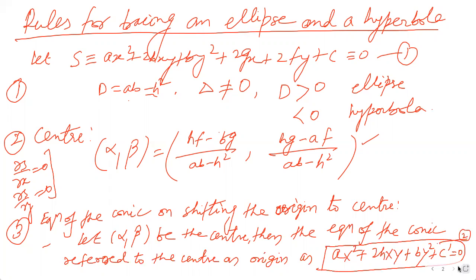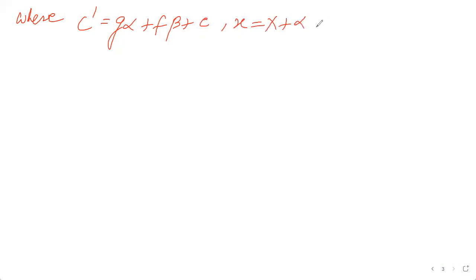यहाँ पर c dash, where this c dash will be, c dash is g alpha plus f beta plus c. X is X plus alpha and y is Y plus beta. ये हम सेंटर बनाएंगे.